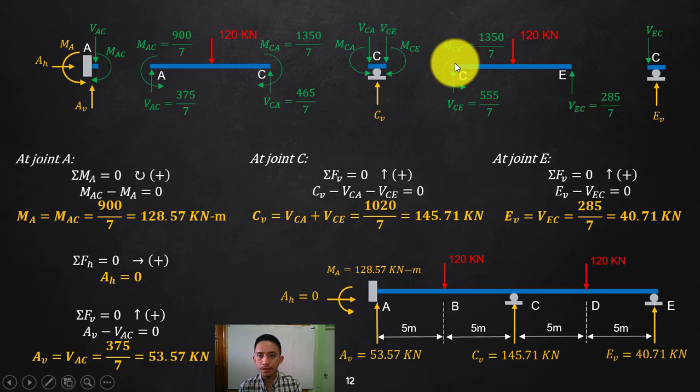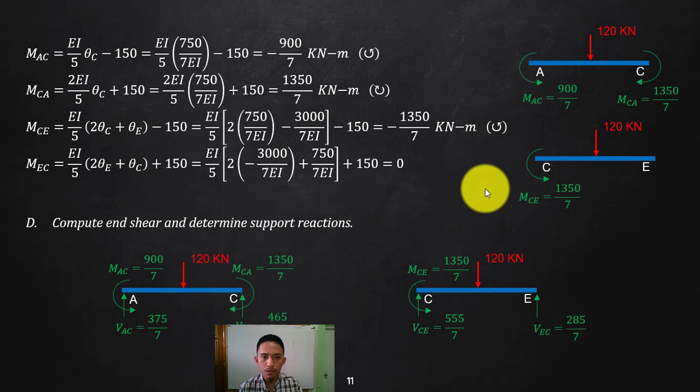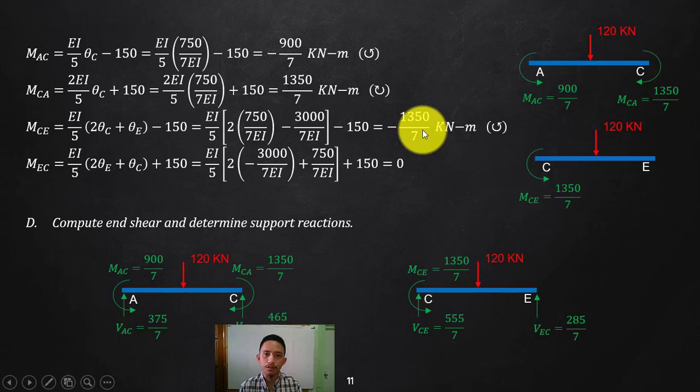That is the reaction at CB. Go to point C. There is no moment. By the way, if you try to summate moment here, that should cancel out because there should be no moment at C. CA and CE are the same but on opposite sides, so if I summate, that should be 0.